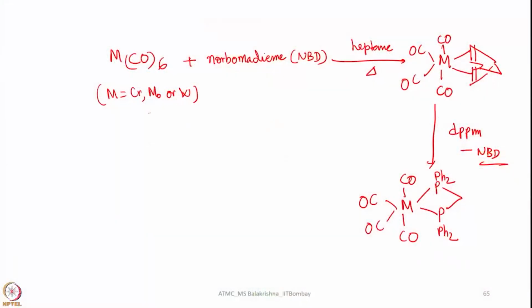Of course, in the case of chromium, molybdenum and tungsten, the temperature varies a little and the yields are also a little different. One can get good yield in the case of molybdenum, and yields are much lower in the case of chromium and tungsten. In place of norbornadiene, one can also use cyclooctadiene.